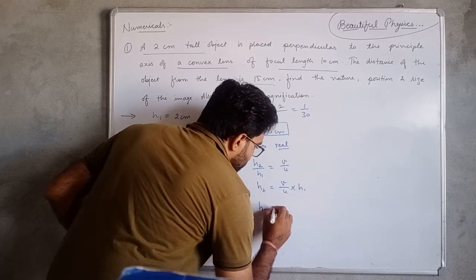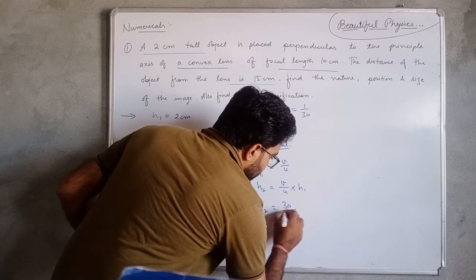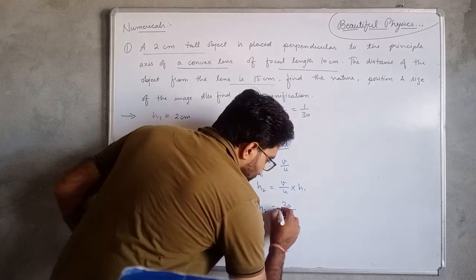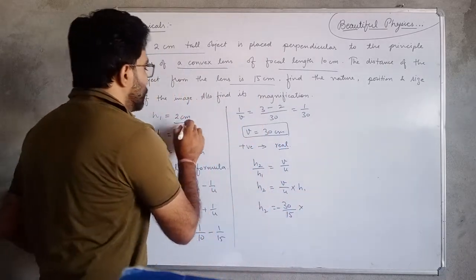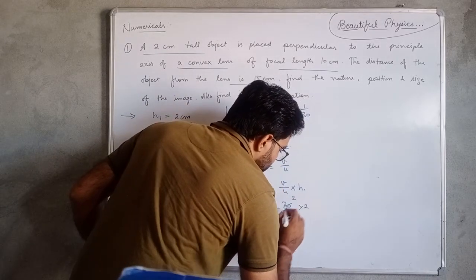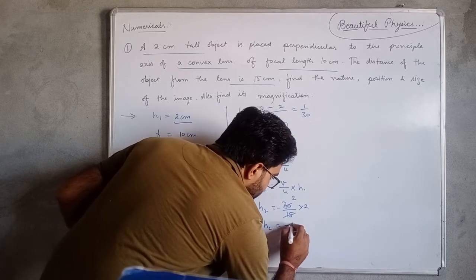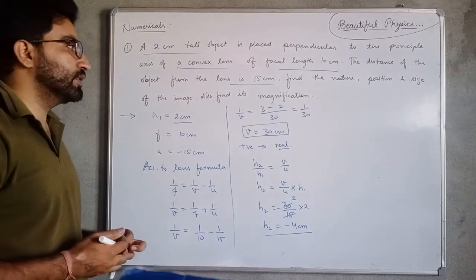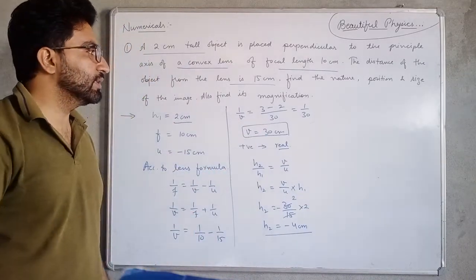So h2 is equal to, in place of v we will put 30, and in place of u we will put minus 15, multiplied by h1, which is our 2 centimeter. So h2 will be equal to minus 4 centimeter. It means the image is formed below the principal axis. Principal axis से नीचे की तरफ हमारी इमेज बनेगी.